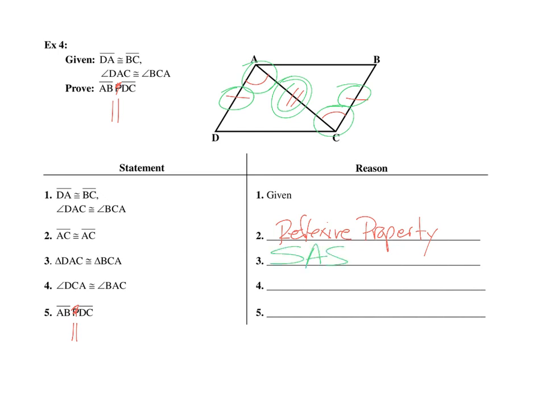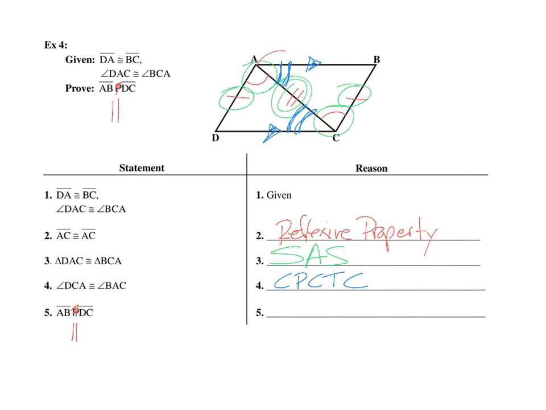Alright, now I could say that these angles are congruent. DCA is congruent to BAC. Alright, and that's by what reason? Well, I know the triangles are congruent, so I could say that the corresponding angles are congruent by CPCTC. Alright, and now I could say that these sides are parallel by what reason?